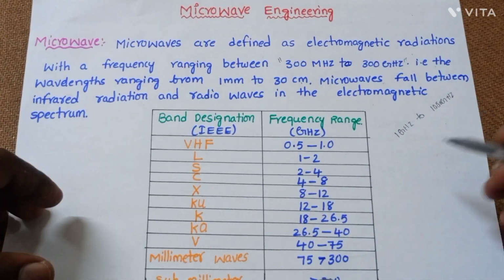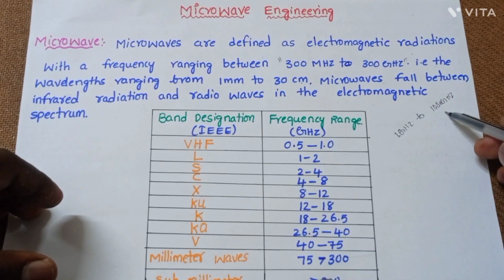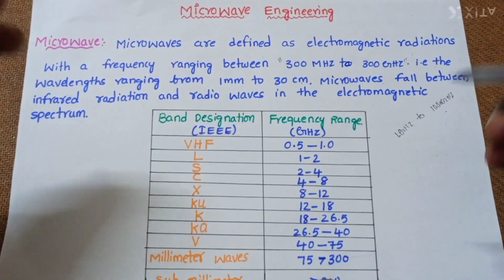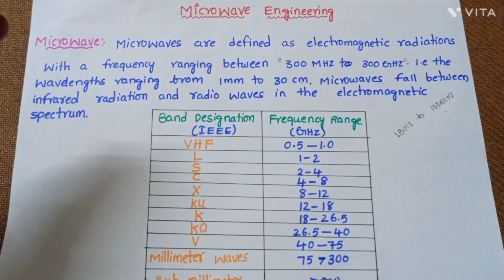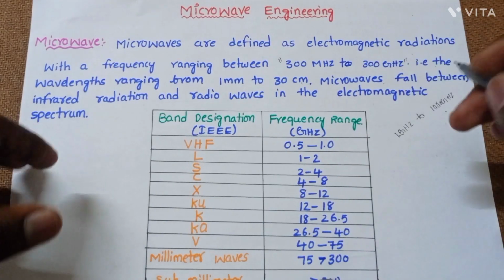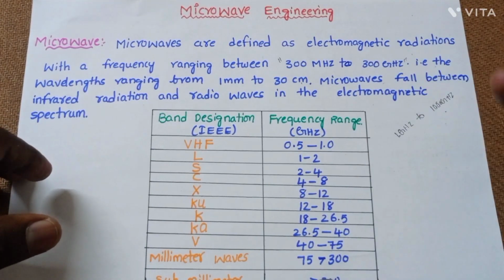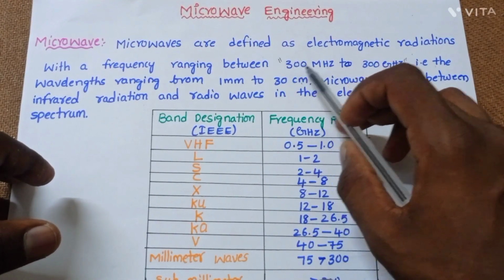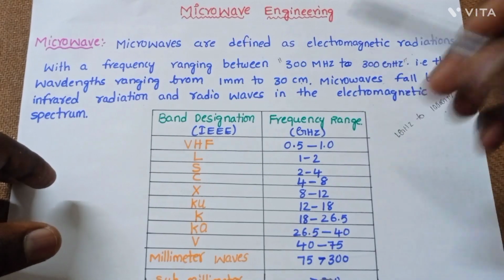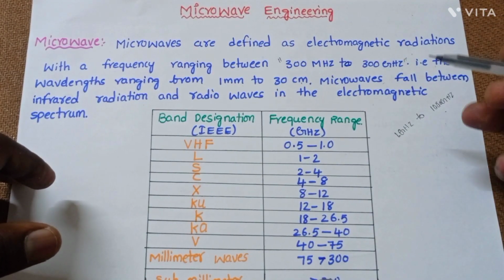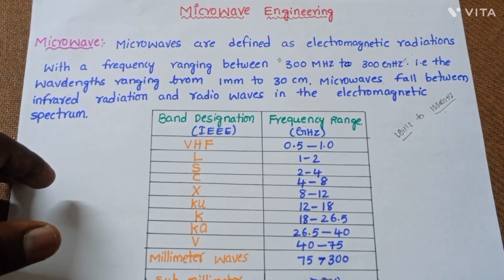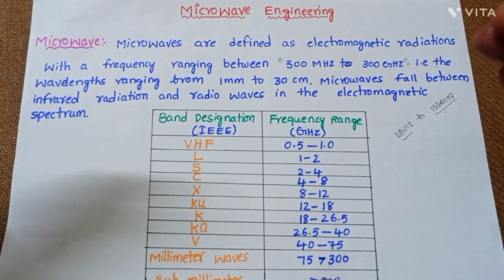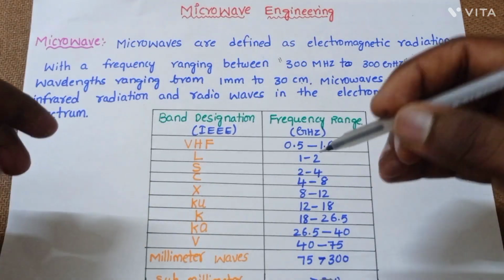Actually the frequency range of microwave is from 1 GHz to 1000 GHz, but when we consider the frequency range in terms of multiples of 3, we consider the microwave frequency range from 300 MHz to 300 GHz, but the actually used microwave frequency range is 1 GHz to 1000 GHz.